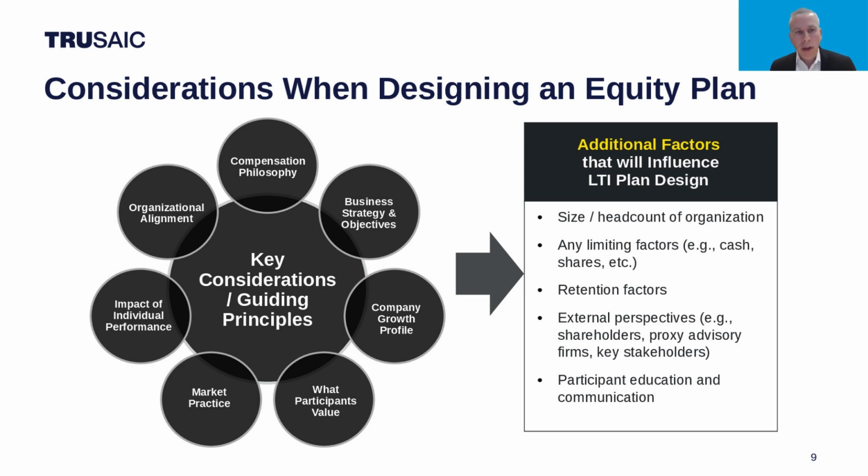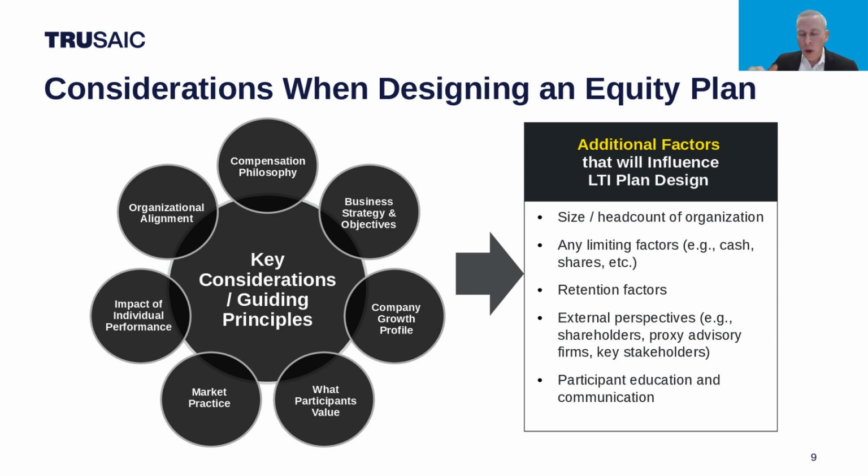And so circling back to the key considerations when it comes to designing an equity compensation plan, first and foremost is the compensation philosophy. The philosophy represents the anchor point for a lot of different decisions as it relates to compensation. First off, want to understand what are the overarching objectives of the organization?